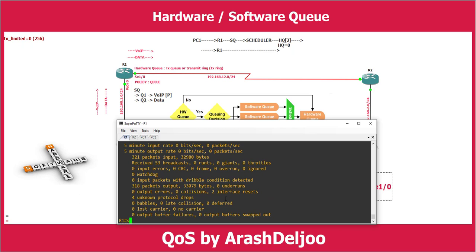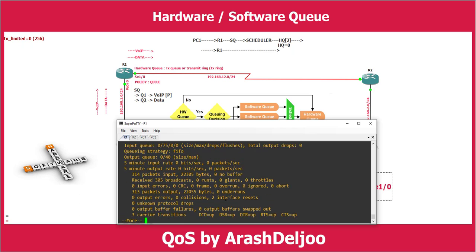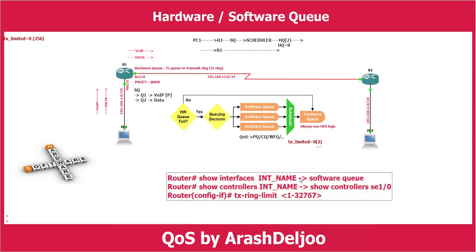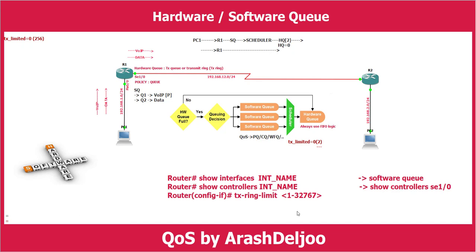On the serial interface, we are now using first in, first out. With show interface name, we can gather information about the software queue. And with show controllers, we can see the physical or hardware queue lengths. And with tx ring limit on the interface, we can configure the length of the hardware queue.